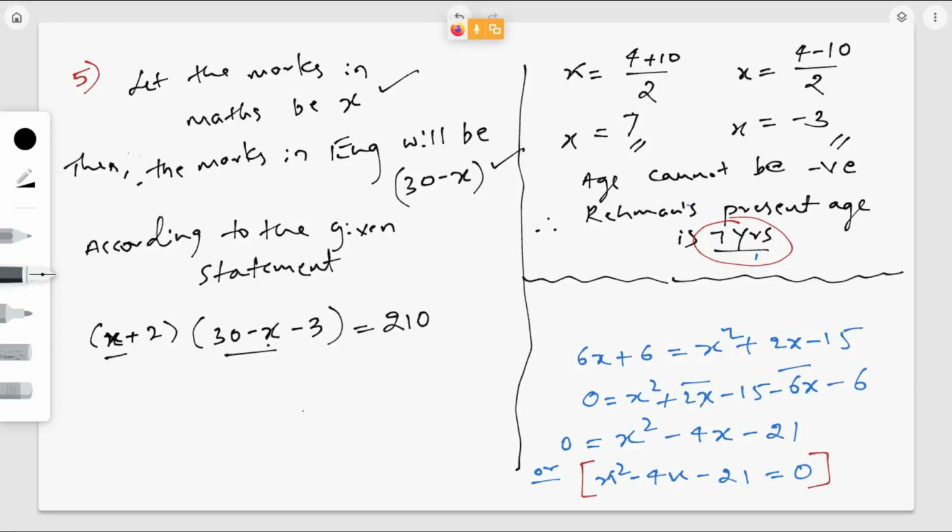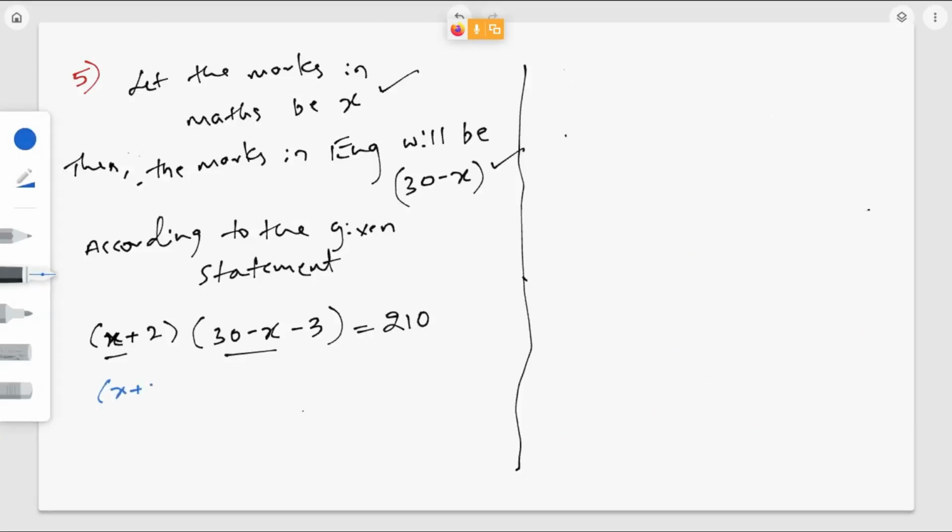The product of these two is 210. So now find the product, then simplify. X plus 2 as it is, 30 minus X minus 3. 30 minus 3 is 27, so you can write this as 27 minus X is equal to 210.